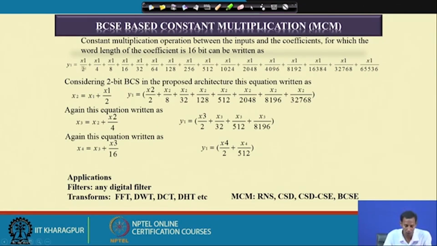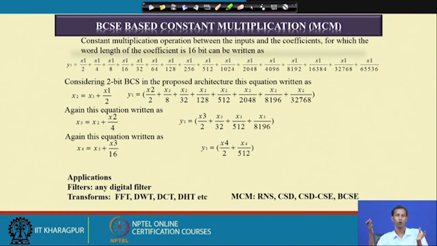If we take 3 of them common, that means x1 by 2 plus x1 by 4 plus x1 by 8, then it becomes a 3-bit binary common sub expression. If you take 4 terms common, it becomes a 4-bit common sub expression elimination algorithm. So it depends upon how many bits you want to take common for this binary common sub expression.